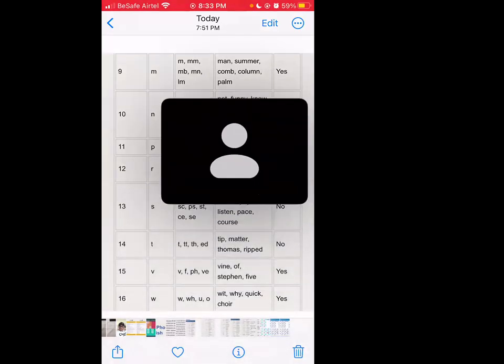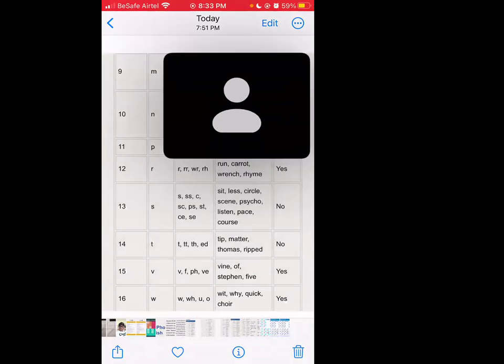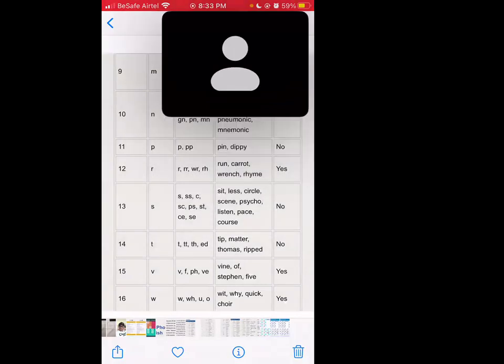Number 13, you have letters S. Sometimes letter C can produce this sound. You have SC, you have PS, you have ST, you have CE and SE. You have words like sit, less, circle, scene, cycle, listen, pace, and course.